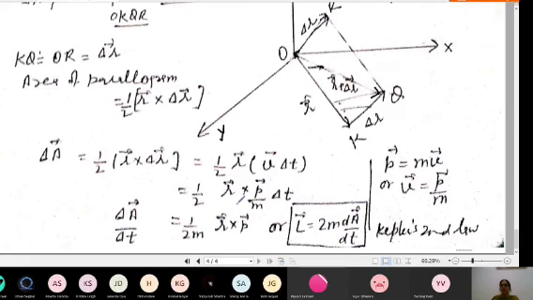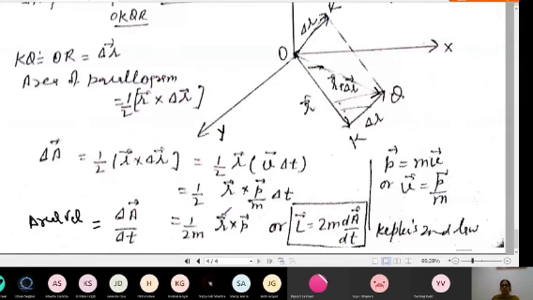But r cross p is L. And delta A is the area covered in time delta t, so delta A upon delta t gives me the areal velocity. By simply rearranging, I get 1/2m, and r cross p is L. So your areal velocity is 1/2m into the L vector.